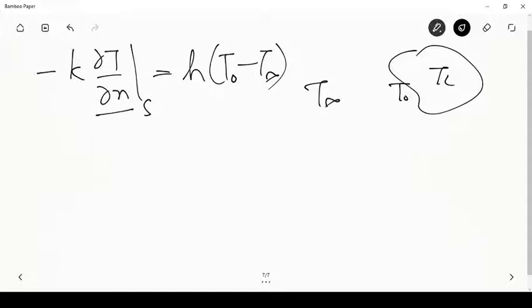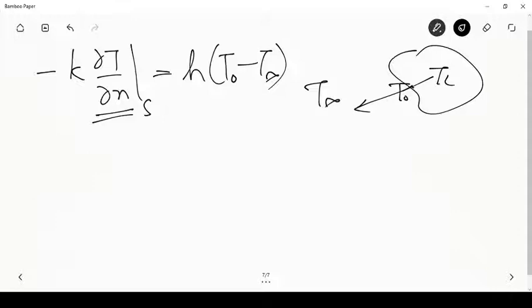Now let us look at the order of magnitude of del T by del N. If I take the normal as this direction, then del T by del N would be T0 minus Tc divided by R0, which is the size of the object.